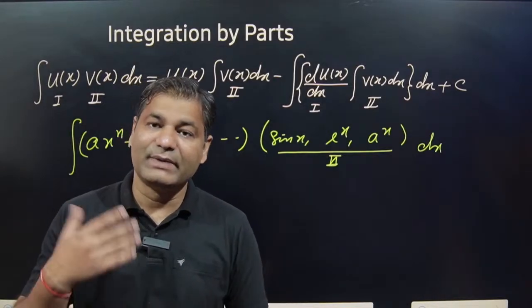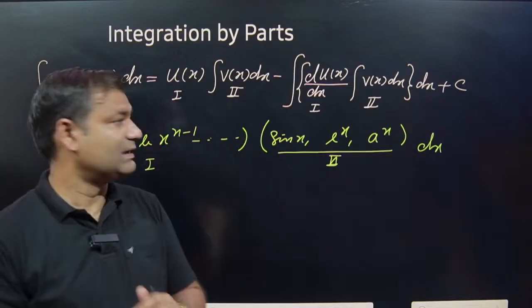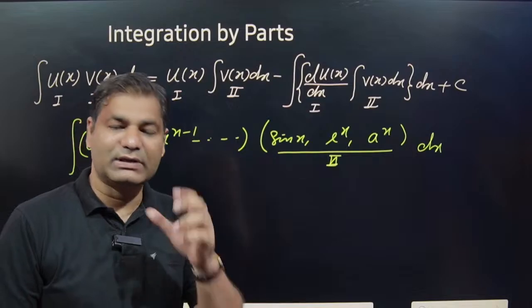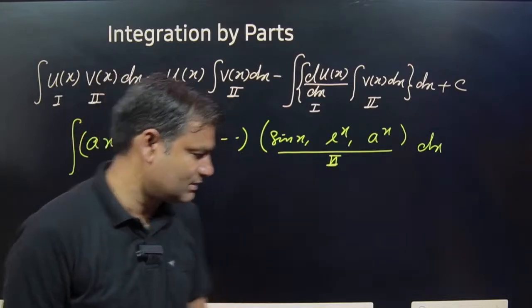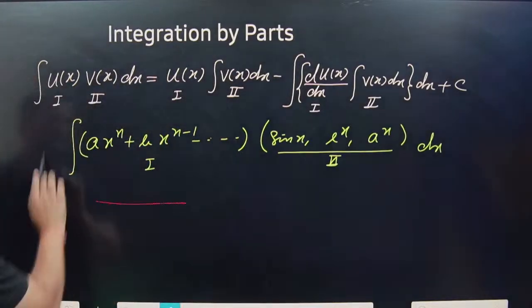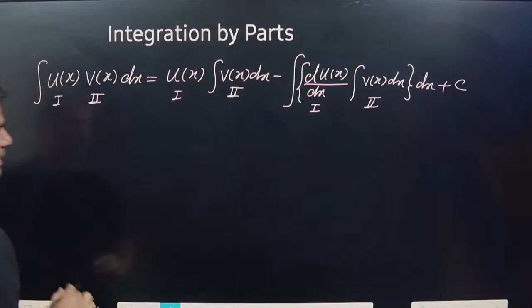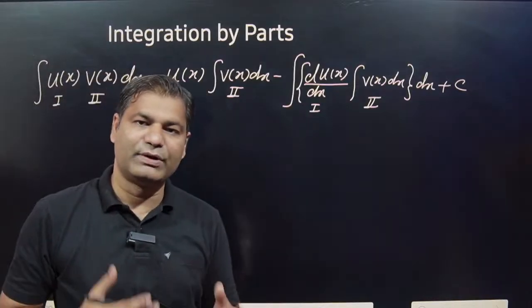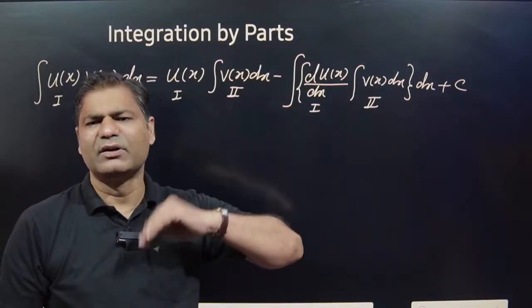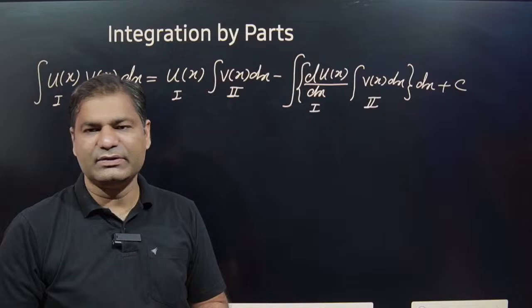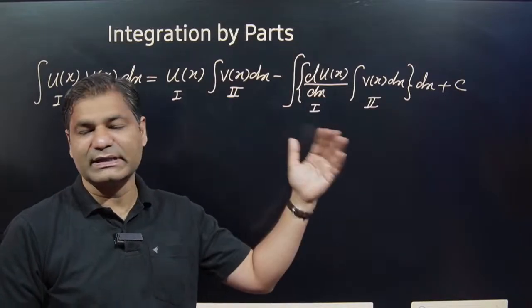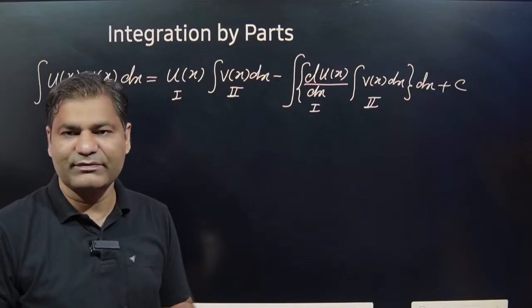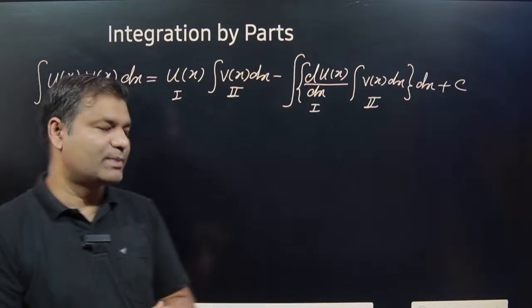So I will develop a next formula for how to solve if this type of problem is available, so that less time is required. Okay, so look here. If a polynomial function of power more than x cube, x power 4, or x square, or the power increases, in terms of sin x, cos x, or tan x, or e to power x, or a to power x type function is available, then how can we solve this type of problem?